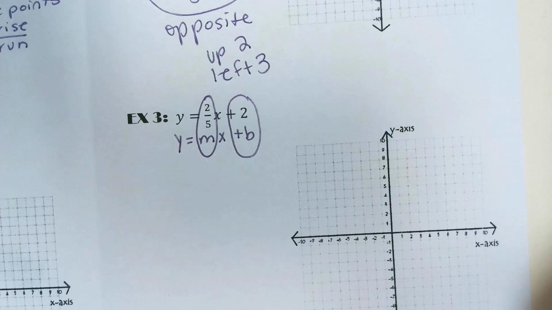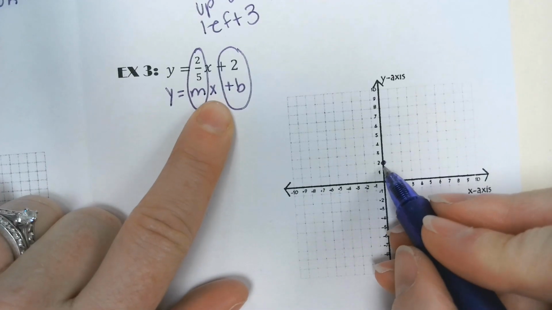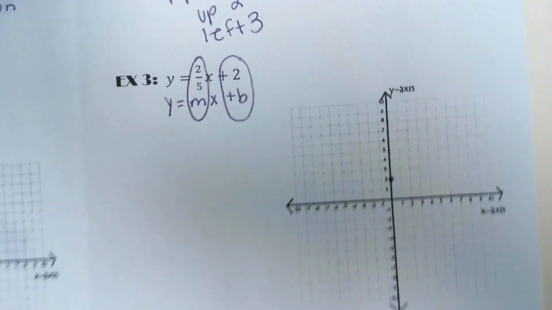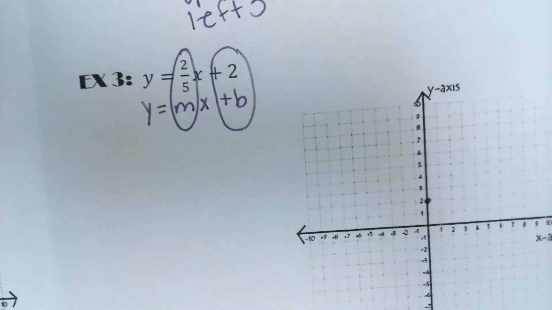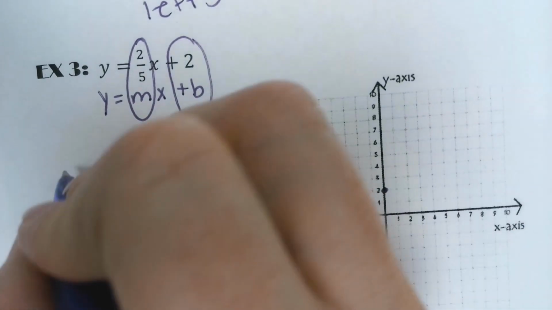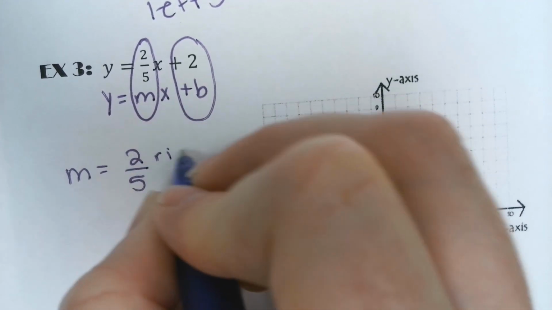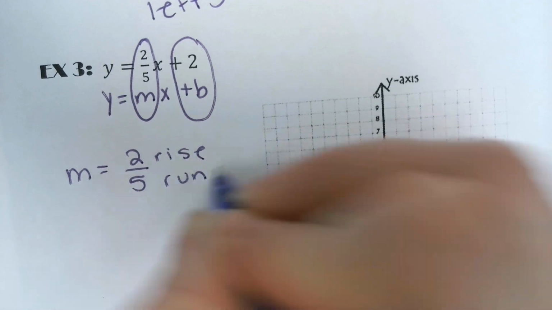Place a dot on your y-axis on your y-intercept. So it's a positive 2. Plot your point at positive 2. Keep your pen there. Well, first write your slope. 2 over 5. So rise 2, run 5.